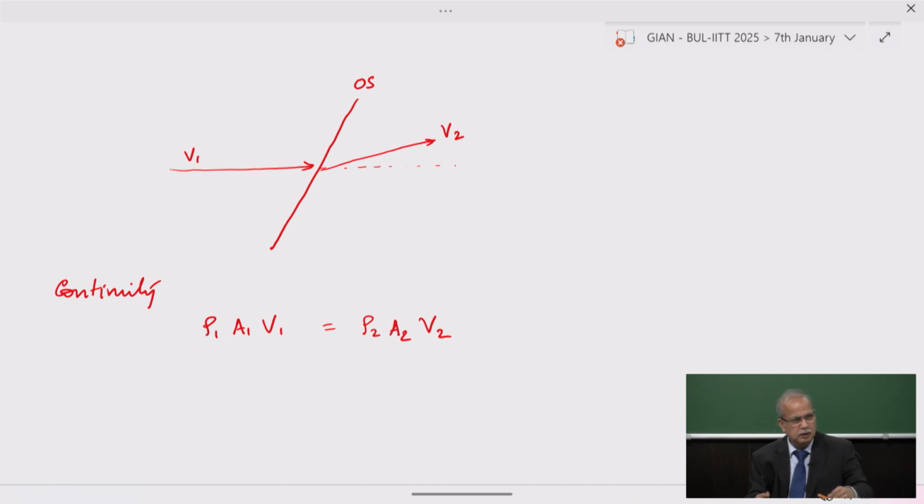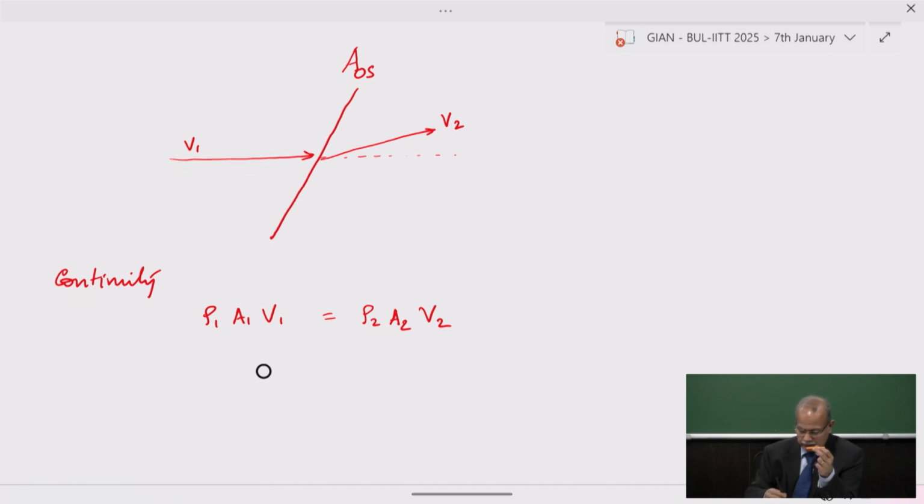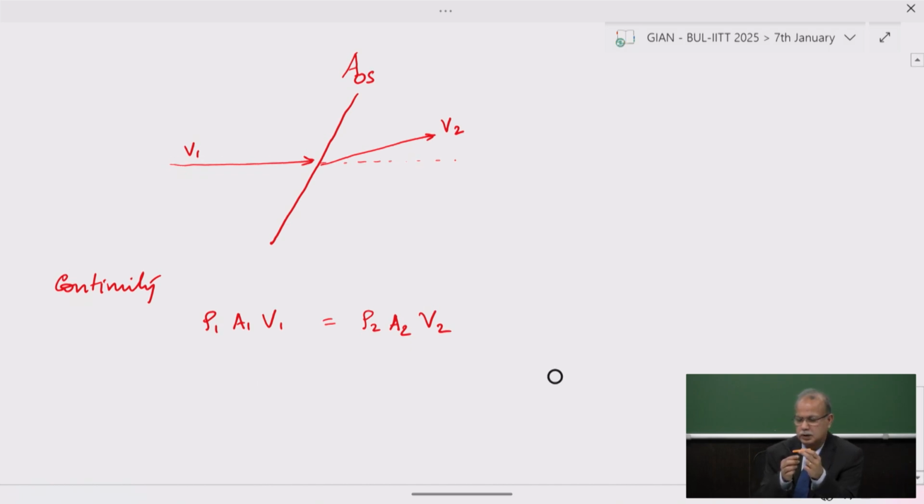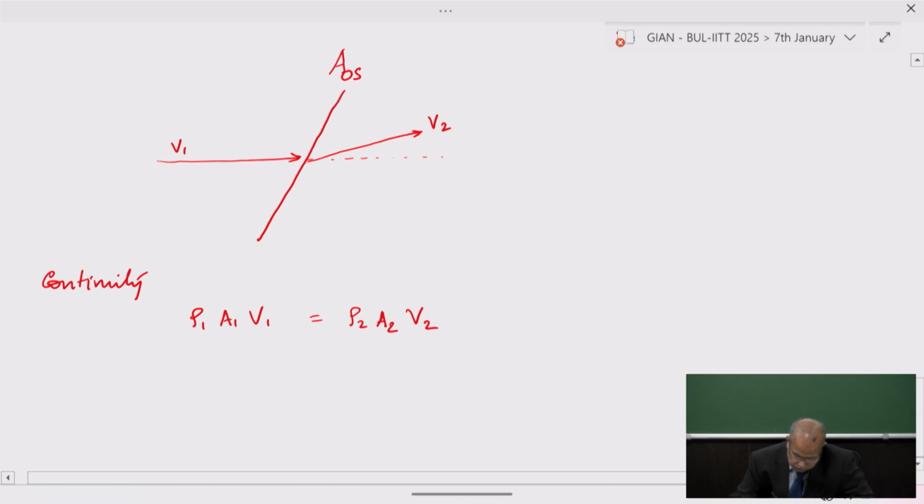But we know that when we are dealing with a continuity equation, we always look at the area that is normal to the flow. But in this case, the area of the oblique shock is at an inclination. So this continuity equation needs to be addressed to account for this. So we need to resolve this area to be normal to the flow. So in other words, I should look at this as A1.